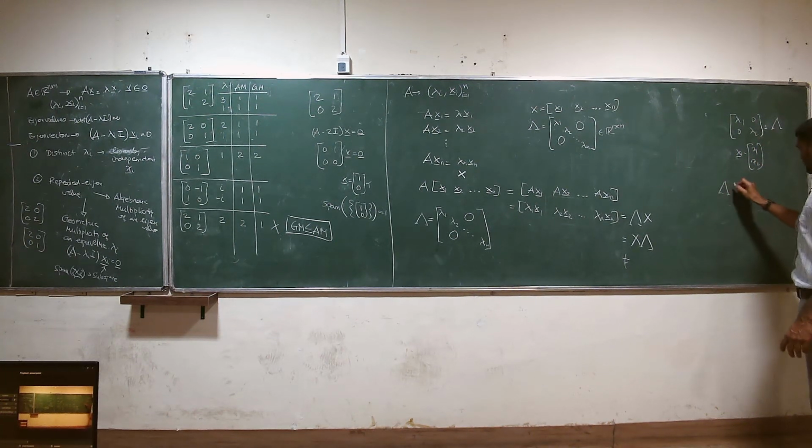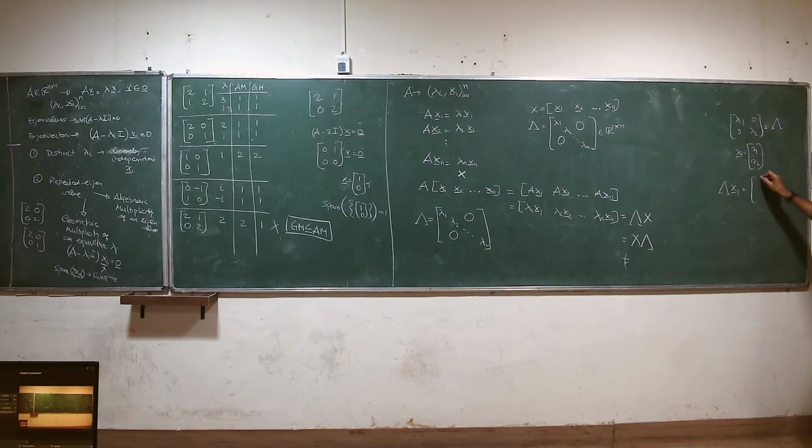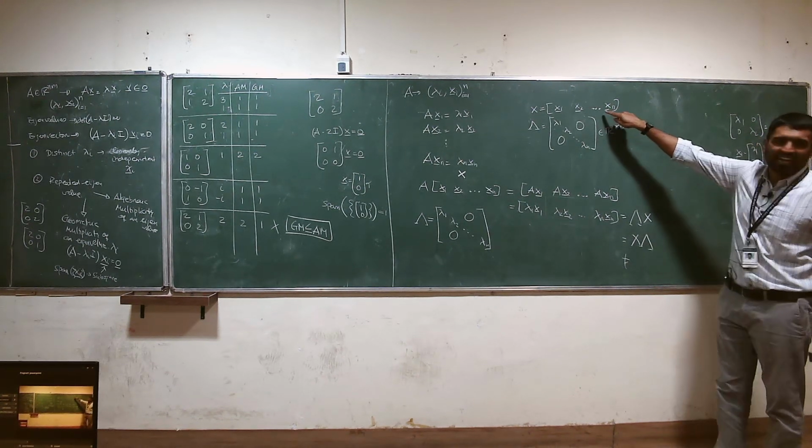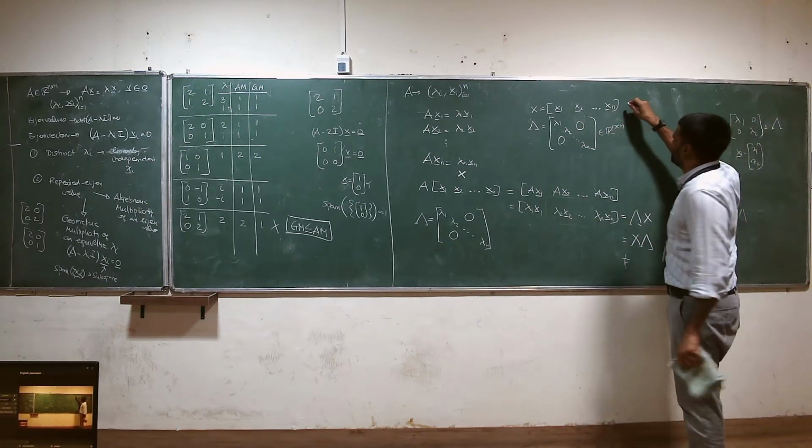So you've said x times x1 is something, and then you've written x1 times. Is this operation even allowed? A 2 cross 1 multiplied by 2 cross 2. These sorts of mistakes you should not be making. And here, guys, this is an n cross n matrix. Each one is a column.